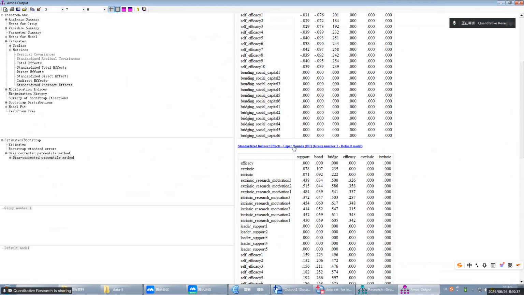If the 95% confidence interval contains 0, the mediation is not significant.